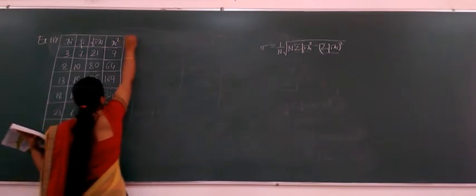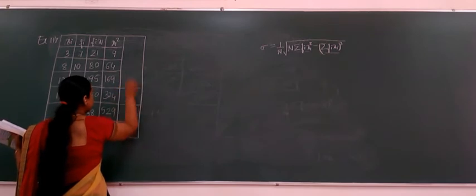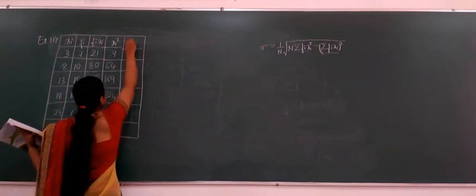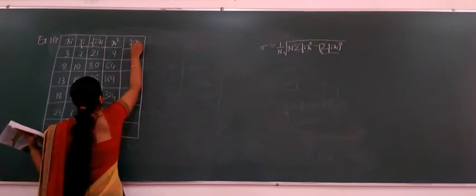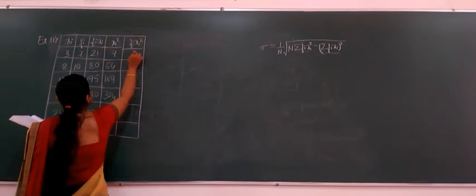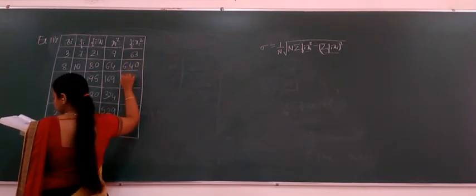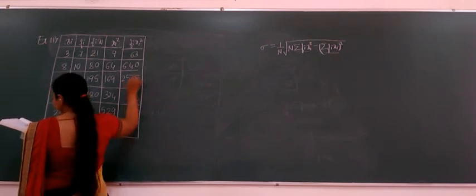I hope you now know what the next column is: fi into xi square. That is 7 into 9, 63. I'll just go on writing the values directly. 640. Next, 2535.